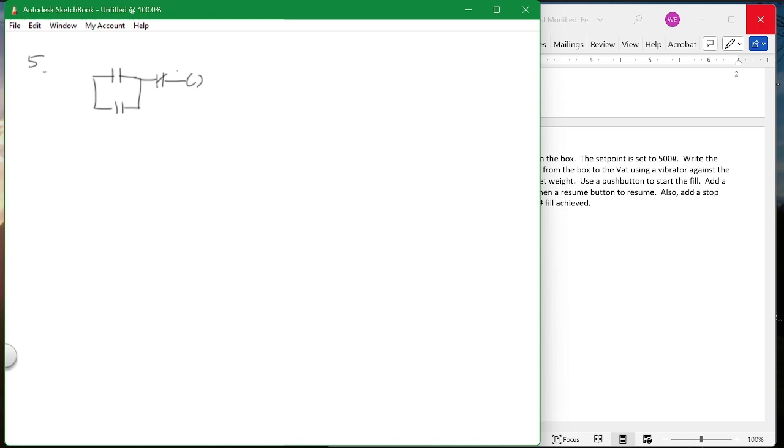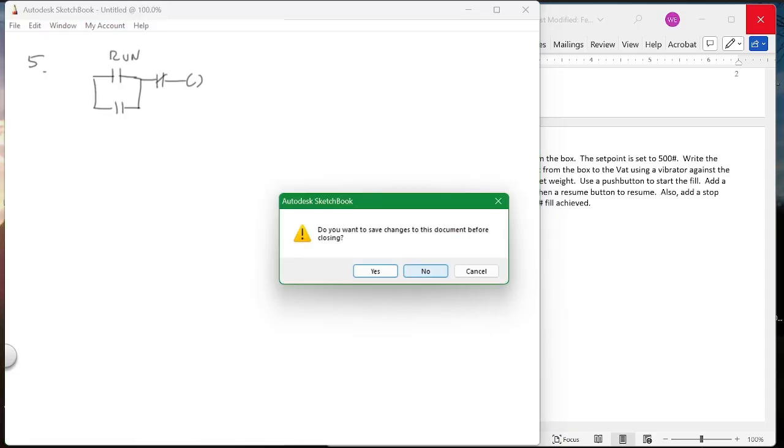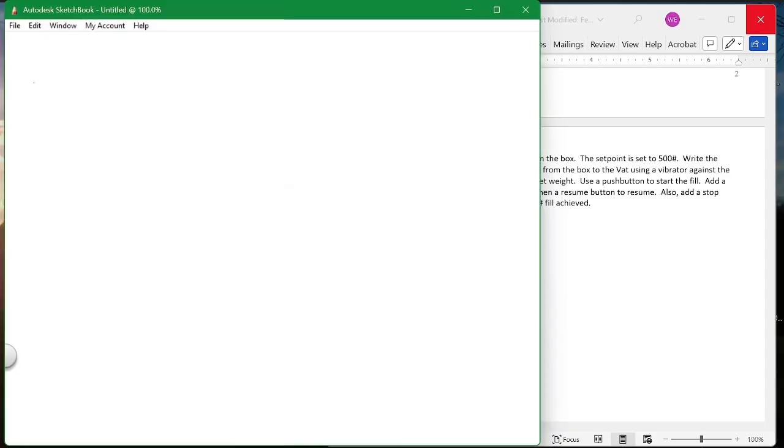So you're running as long as blah, blah, blah, whatever. You don't know what that is, but you're running as long as something's going on. So when you hit the run button, you're dumping material. So this is called your push button, Ted. It's a push button. So this is a push button. It's your start push button.